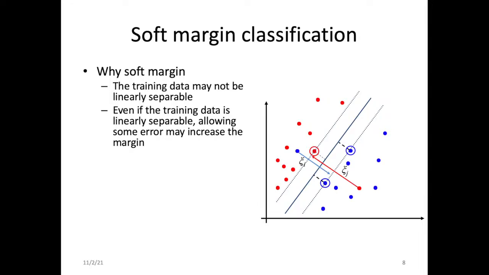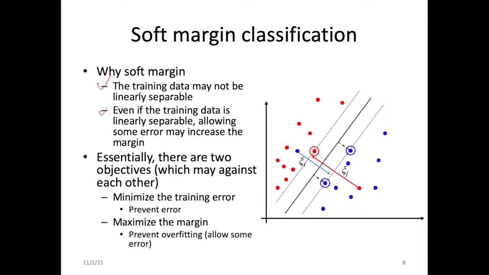So why soft margin? First, the data points may not be linearly separable. Second, even if they are linearly separable, perhaps if we allow some mistakes, we could increase the size of the margin a lot, and that's probably a reasonable trade-off.